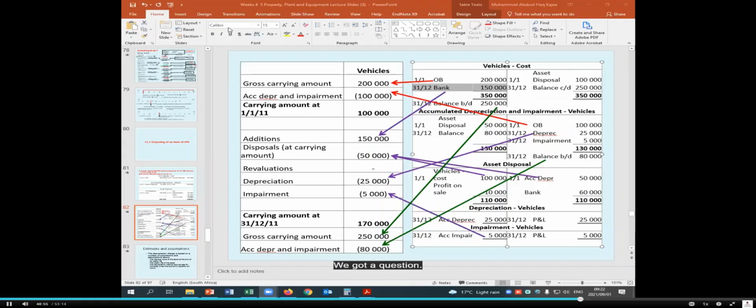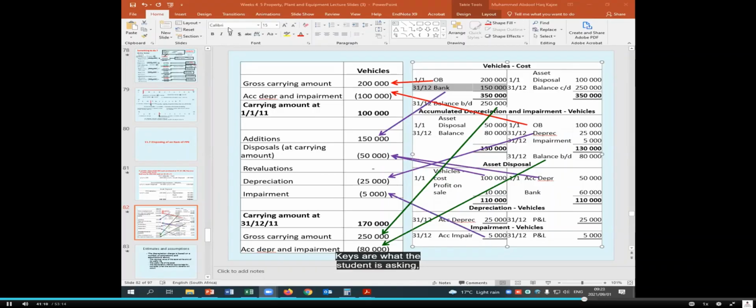Okay, we got a question here. If the vehicle is sold during the year, can you just add the depreciation for the year to the accumulated depreciation and then credit the asset disposal account, or do you have to show it separately?